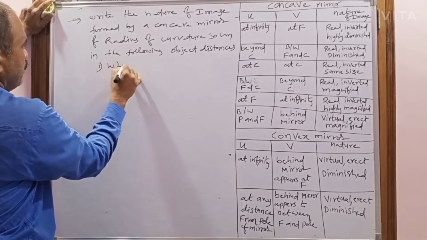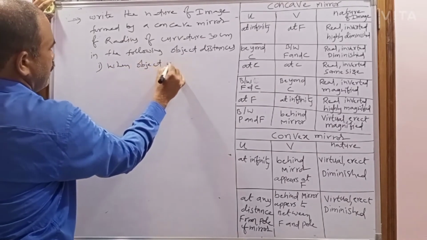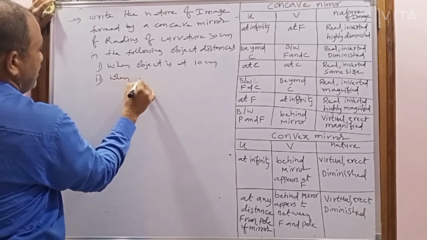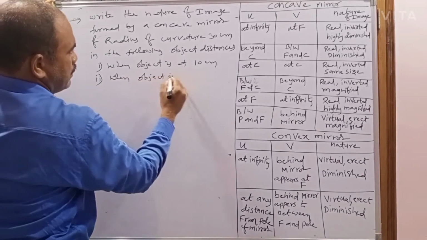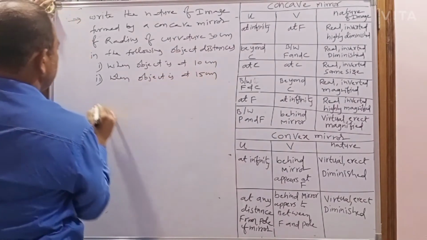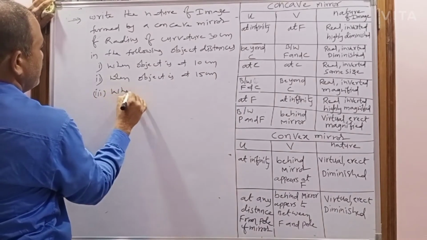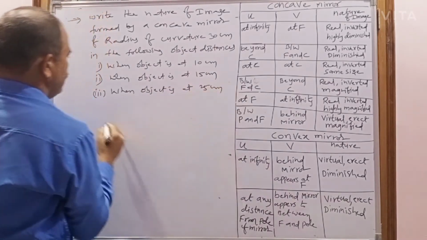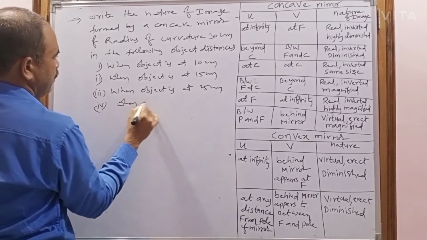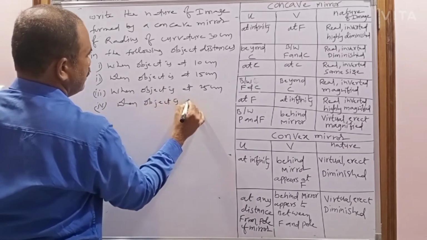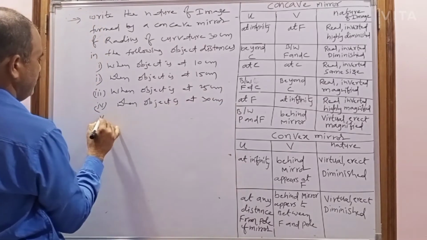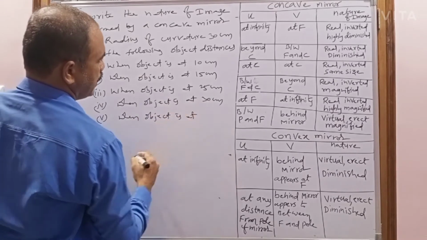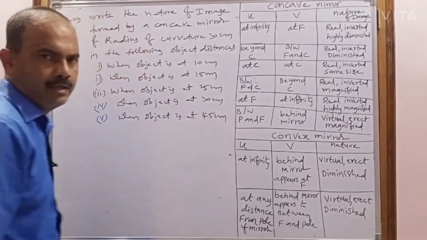First one, when object is at 10 centimeter, second one when object is at 15 centimeter, third one when object is at 25 centimeter, fourth one when object is at 30 centimeter, and fifth one when object is at 45 centimeter. They will be given like this.